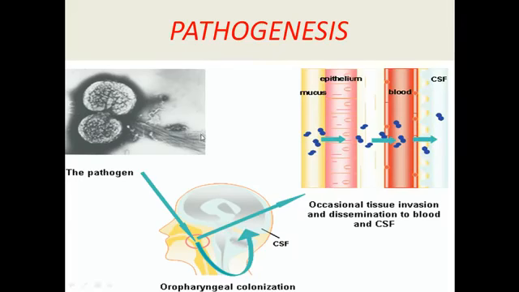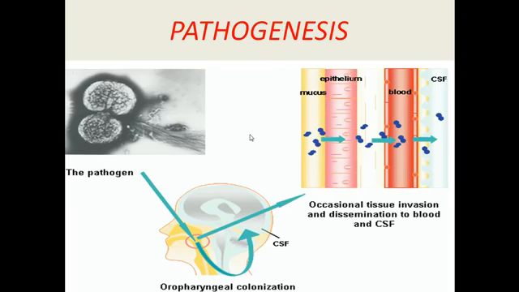And CSF is always sterile. Whenever any pathogen, any virus, any bacteria, any blood, or a malignant cell enters the CSF, it will cause a lot of reaction, that is, it will cause meningitis.